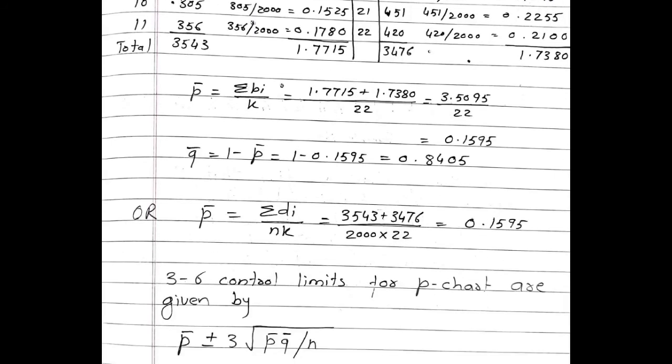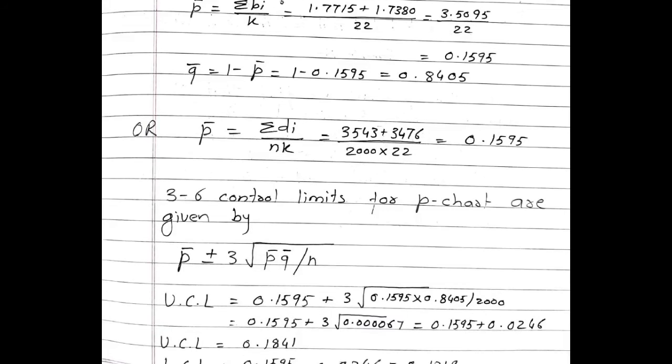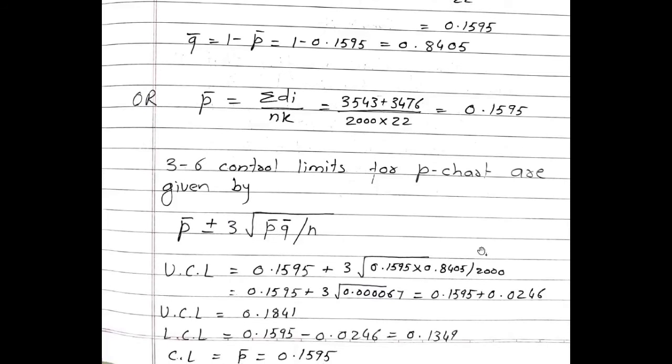So 3 sigma limits for P chart are given by, or we can calculate P bar this way also. We can take the total defectives divided by 2000 into 22. So 3543 plus 3476 divided by 2000 into 22. So same answer we are going to get, 0.1595.